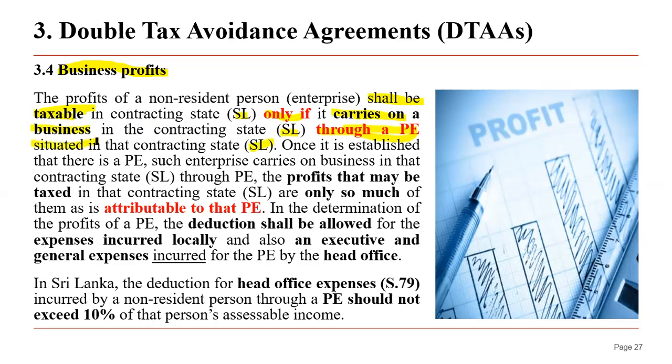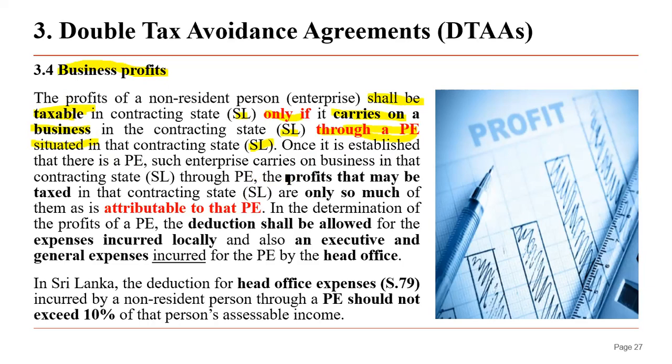Once it is established that there is a PE, if we say there is a PE, then such an enterprise carries on business in that contracting state through a PE.